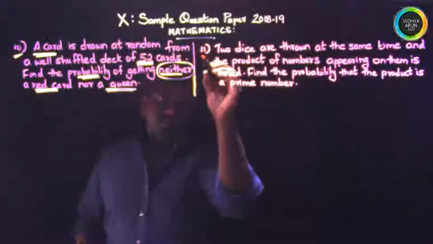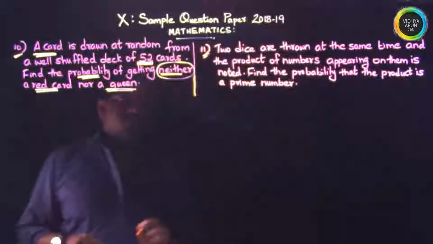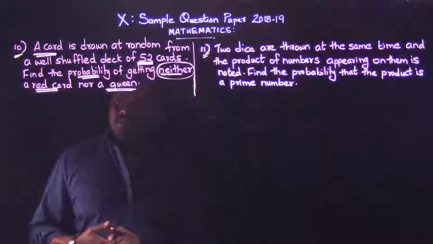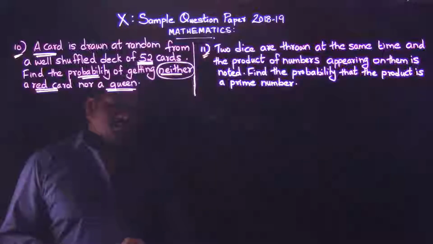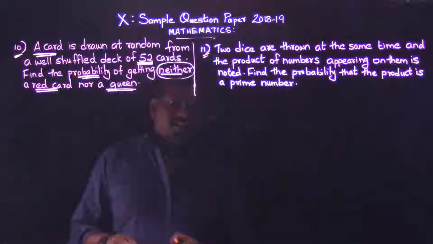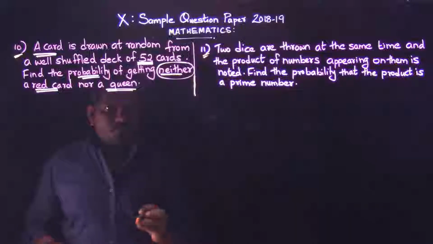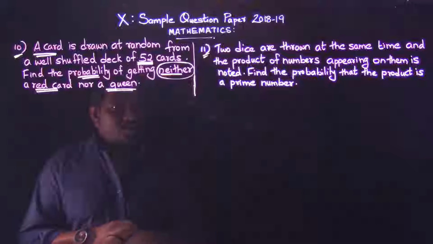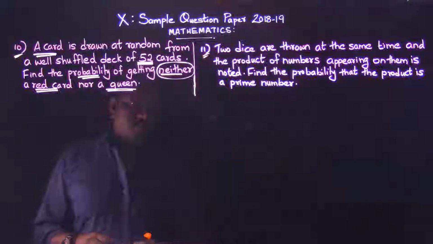10th and 11th question are from probability, and probability seems very hard, but actually it is not so. If you understand the logic of how to get the outcome, then it will be easy.